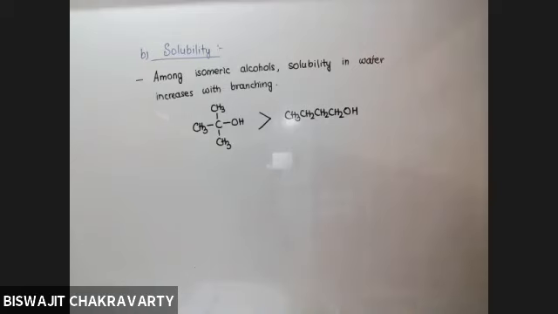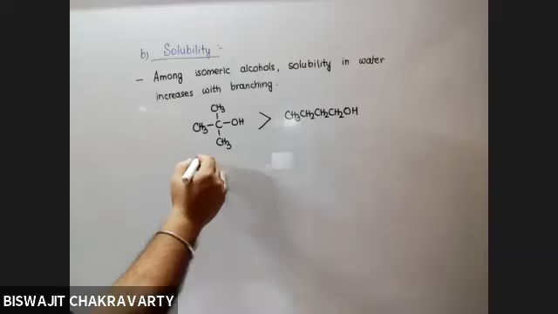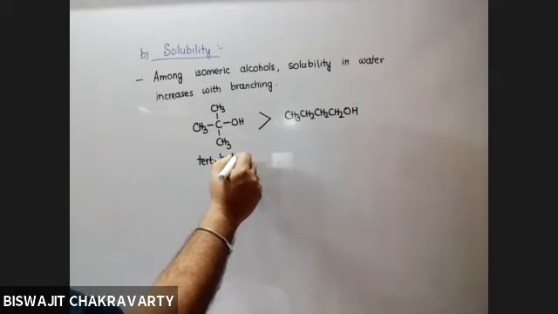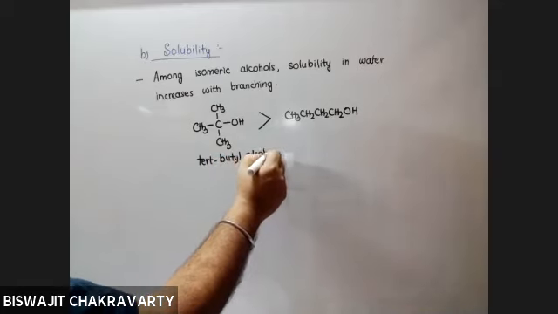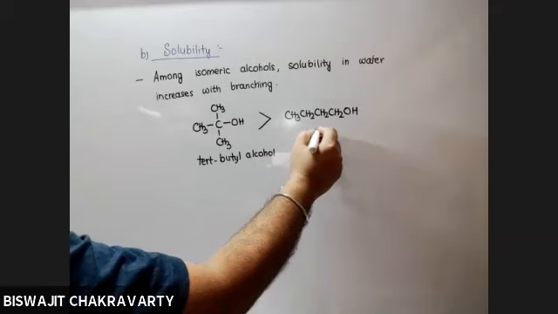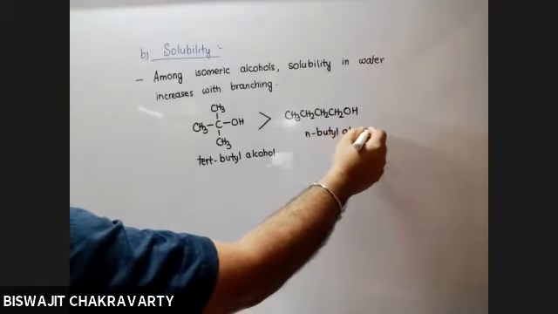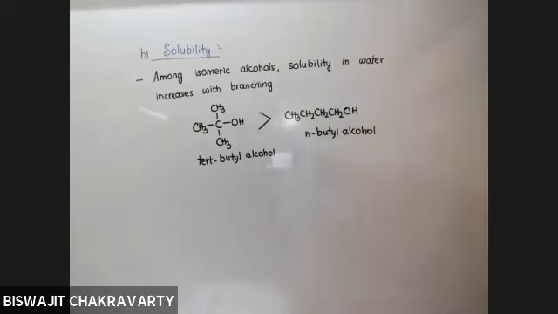More the branching, less dominating will be the alkyl group, and the characteristic will be more determined by OH, not the alkyl. I hope this point is clear. So tert butyl alcohol is most soluble butyl alcohol and N-butyl alcohol is least soluble alcohol in water. Why?